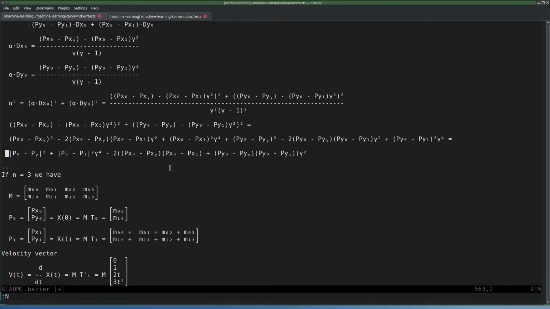Minus 2 times this, which is then again a dot product of what? There's no normal involved here, just x, x, y, y. That's just a dot product between those two.